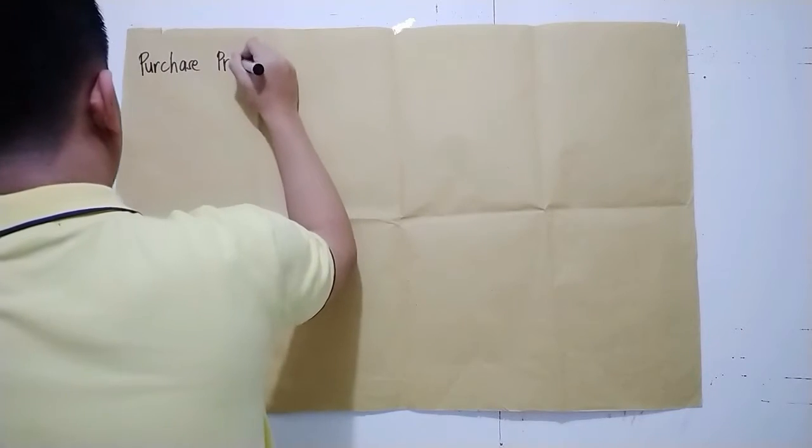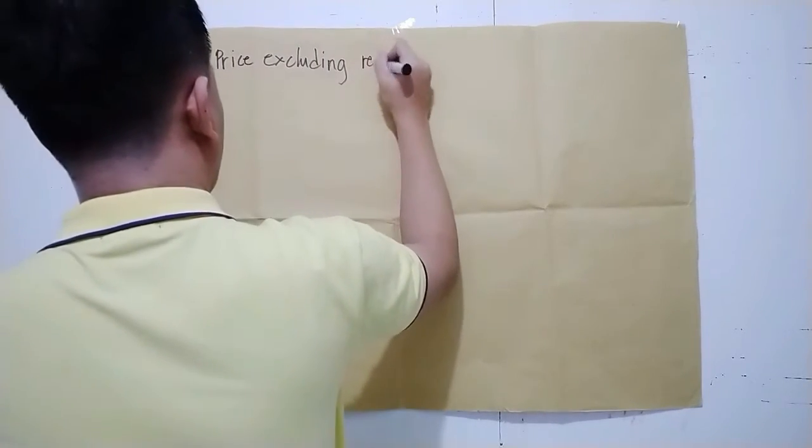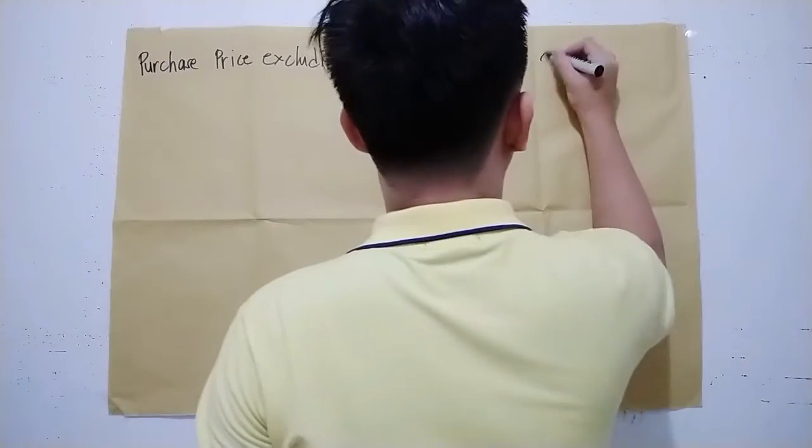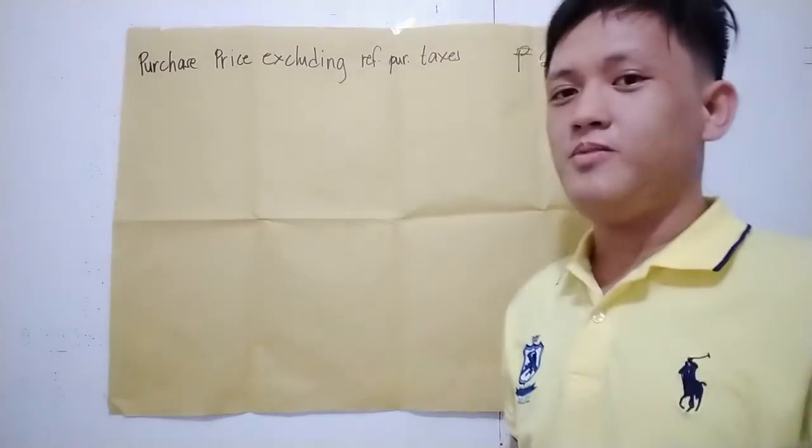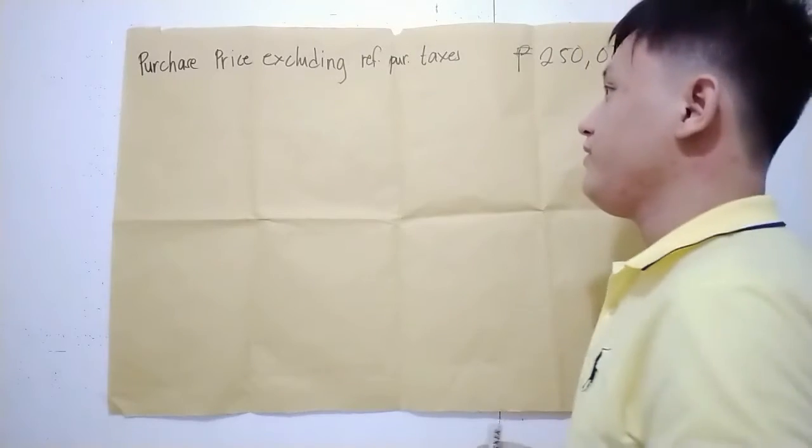It has a refundable purchase taxes of 5,000, but it states it is already excluded, meaning it is not paid. So our purchase price excluding refundable purchase taxes is 250,000.